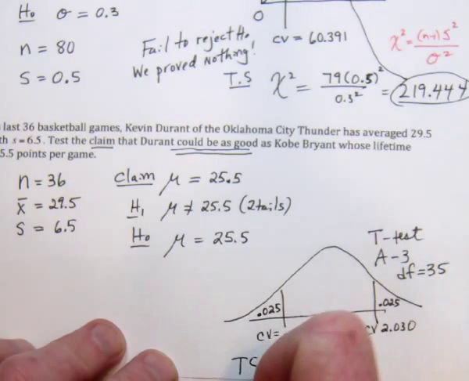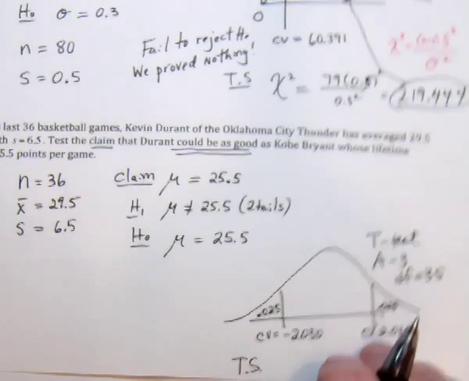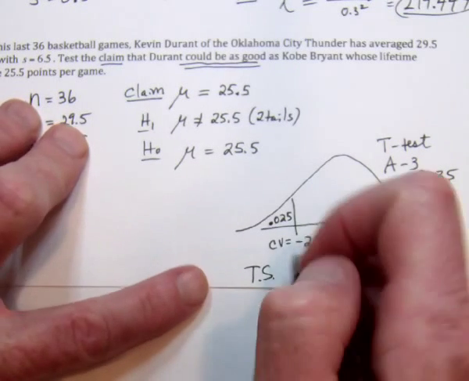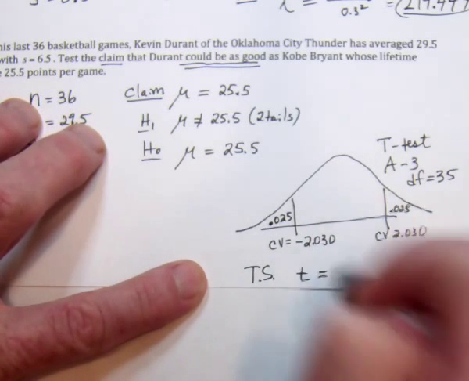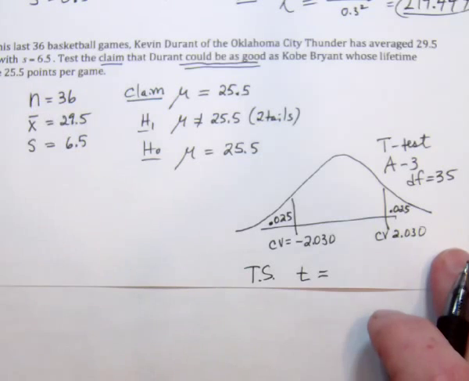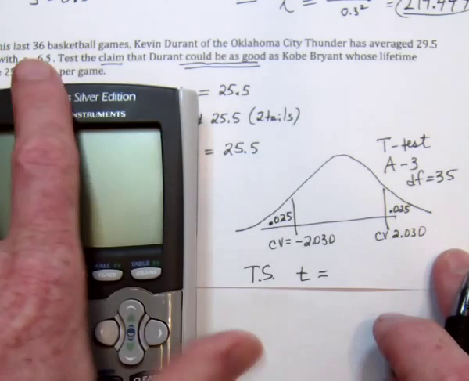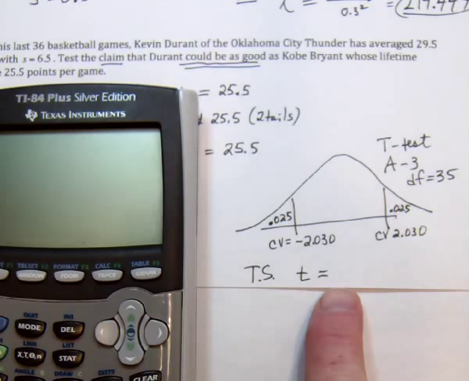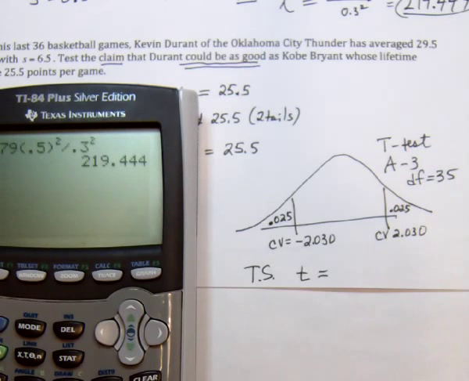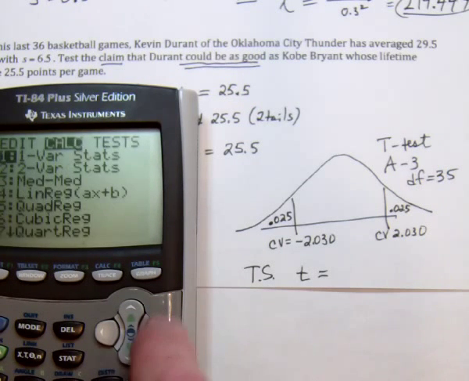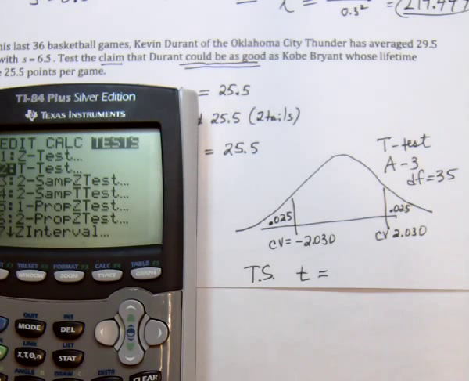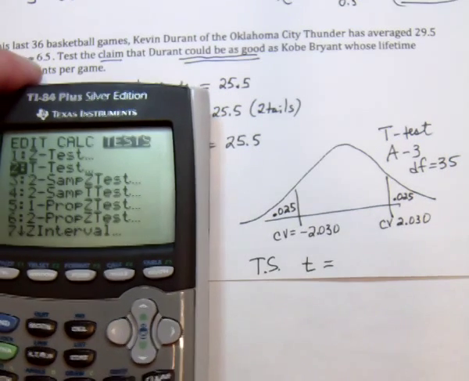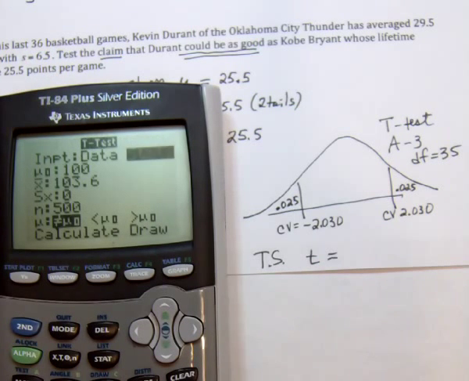And then for the test statistic, that's going to be t equals. It was a long problem. Look at that. It took me right down to the edge of the page. T-test. So, the good old t-test. Let's see. The claim is that he's as good as Kobe Bryant, 25.5.